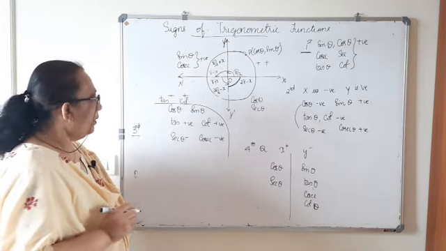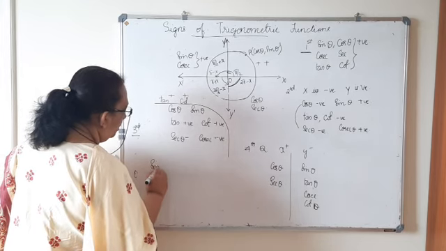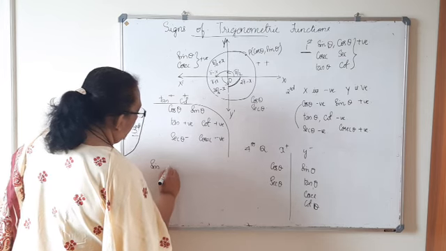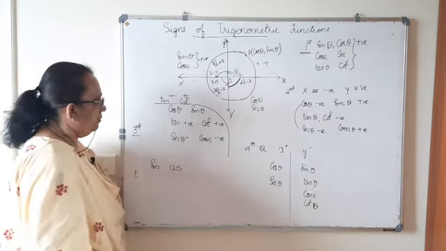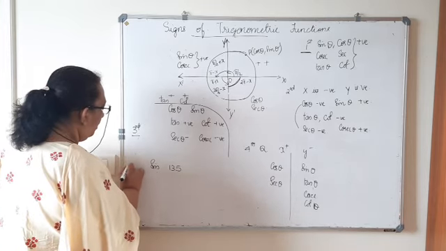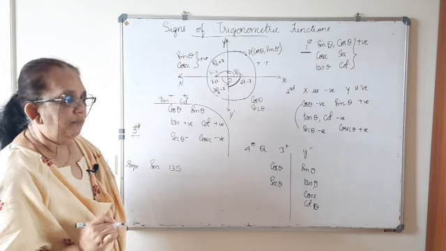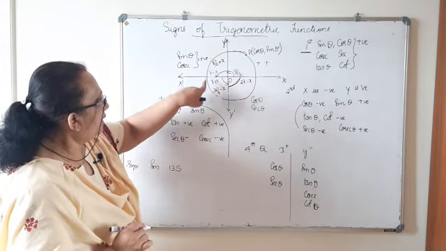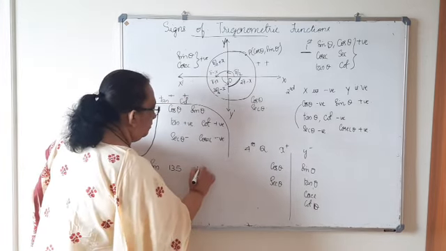So suppose a question comes like this. What is the sign of sine 135 degrees? Whether it is positive or negative? Sine 135 degrees comes in the third quadrant. So it is negative.